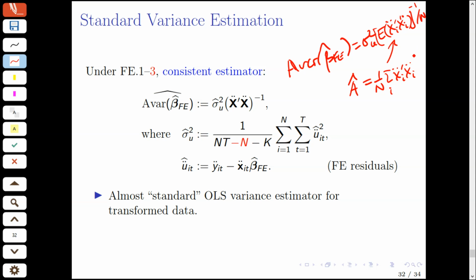What's left to do is to estimate sigma squared u, and here we're going to use the sum of squared residuals from our fixed effects regression, suitably averaged. Now one may recognize that this is almost the standard OLS variance estimator using the transformed data.